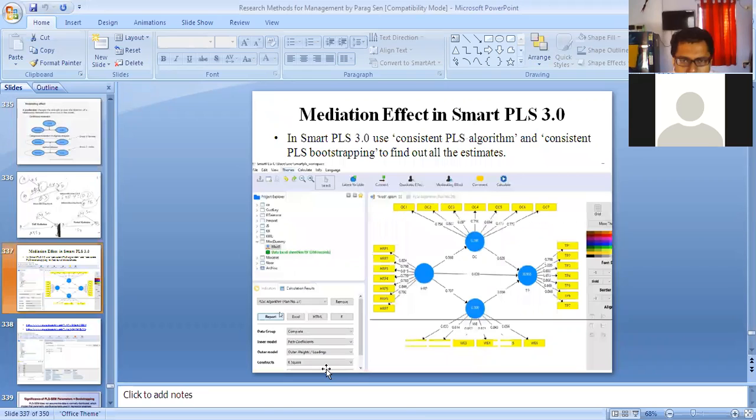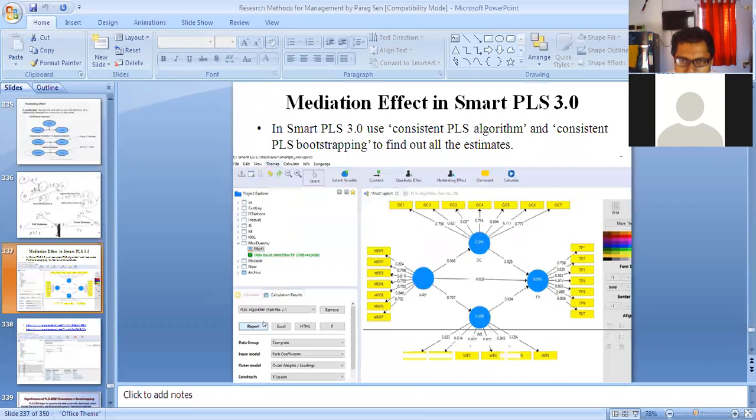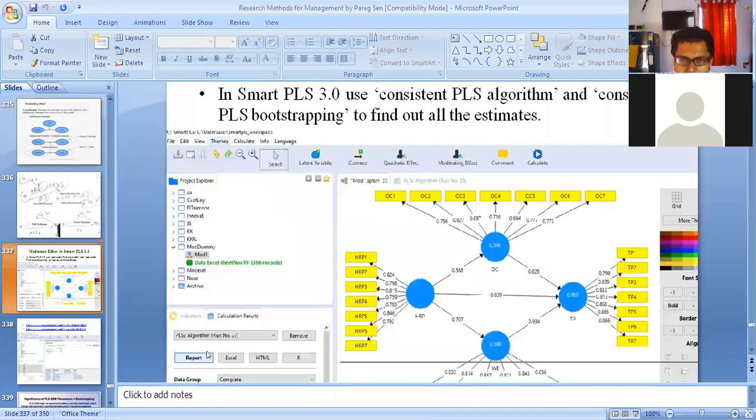You can see that in this diagram, I am enlarging it. There are 4 different constructs. One is human resource practices, this is training practices, this is organizational culture, and this is work engagement.